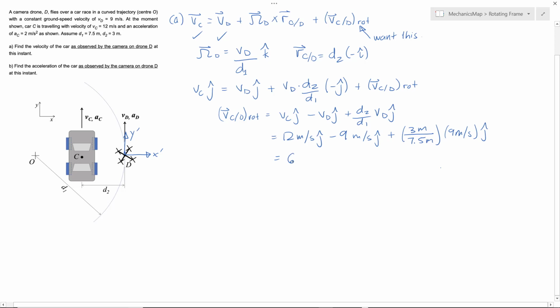And we end up with 6.6 meters per second J hat.